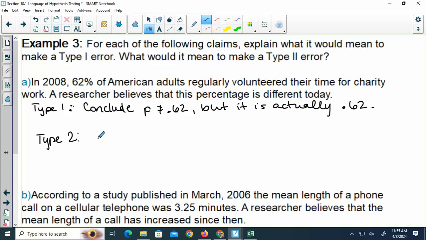We conclude the null, but it's actually the alternative that is true. So we conclude the proportion is still equal to 0.62, but it is actually different.